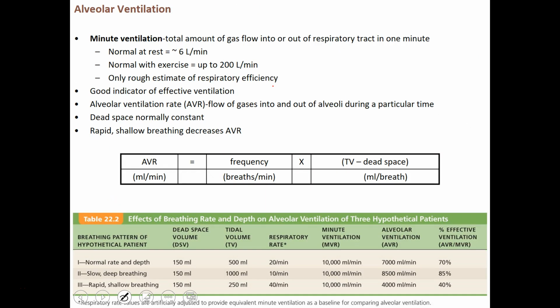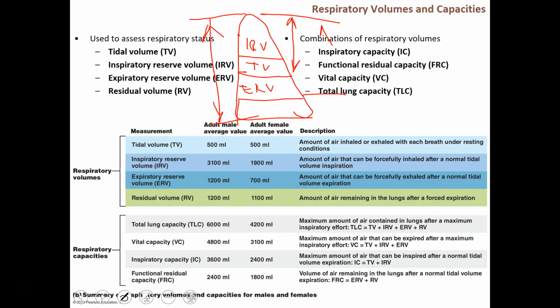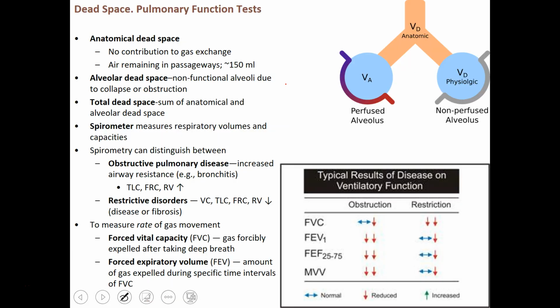Sorry about that. So essentially, functional residual capacity here is the expiratory reserve volume plus residual volume. So know these capacities. There will be questions on the exam. Probably saw them in the quiz already. Get ready for them.